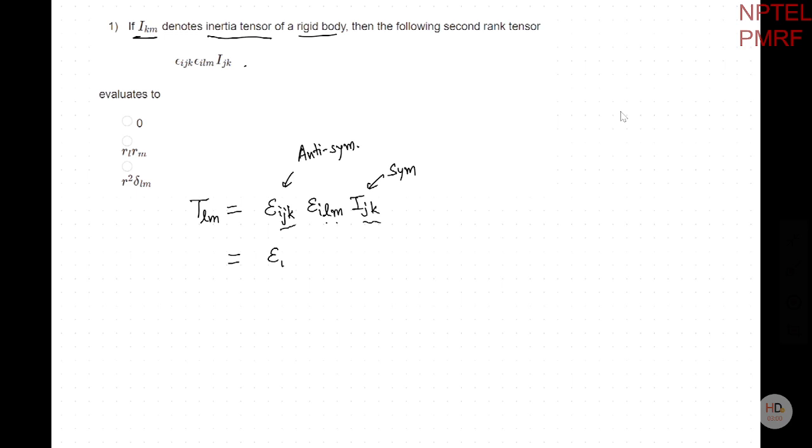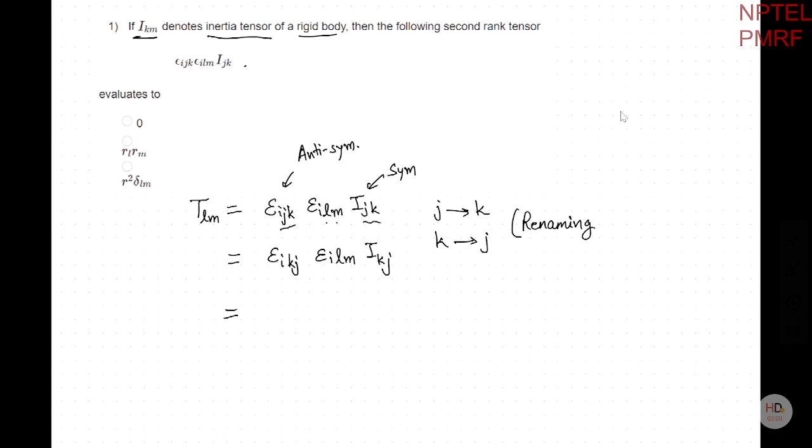So I can write I_kj epsilon_ilm epsilon_ikj, right? What I was calling j is now being called k, and what was k is being called j. This we can do because both of them are dummy variables. We can rename them to anything, A, B, C, D. So why not k and j? This is just a rename, right?